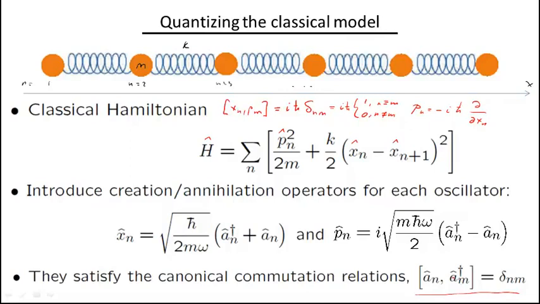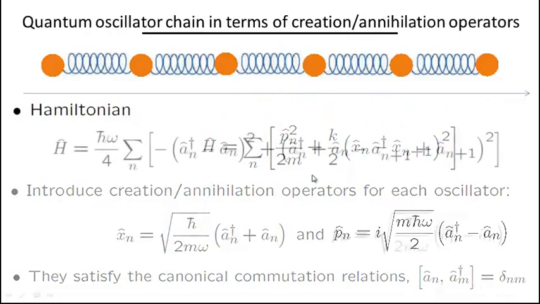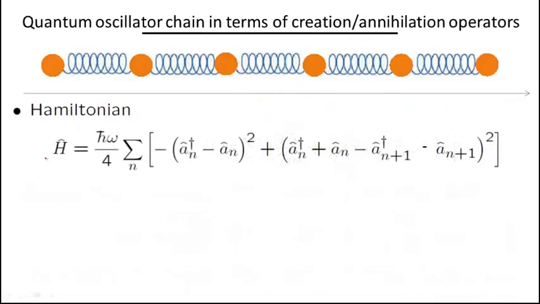So what we're going to do now is plug this expression of x and p through a and a dagger into this Hamiltonian. If we do so, the Hamiltonian takes this form, which appears to be a more complicated looking form since there are more terms here than we had before, but we are on our way to solving the problem.